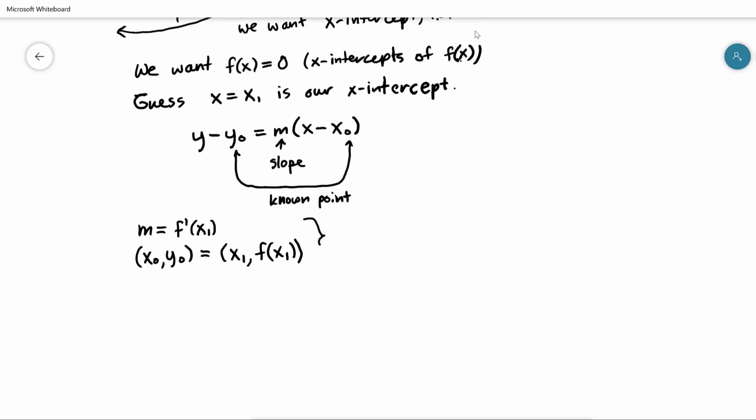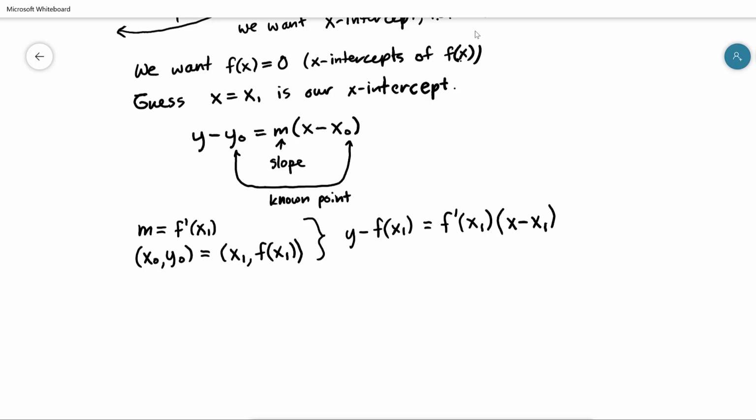So putting these together, we get our tangent line that looks like y minus f of x1 is equal to f prime of x1 times x minus x1.